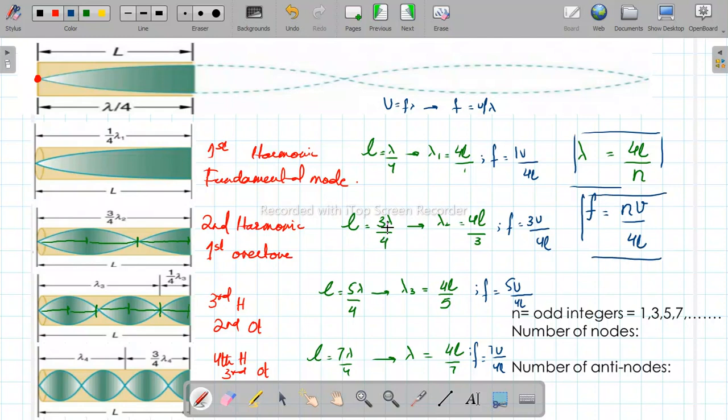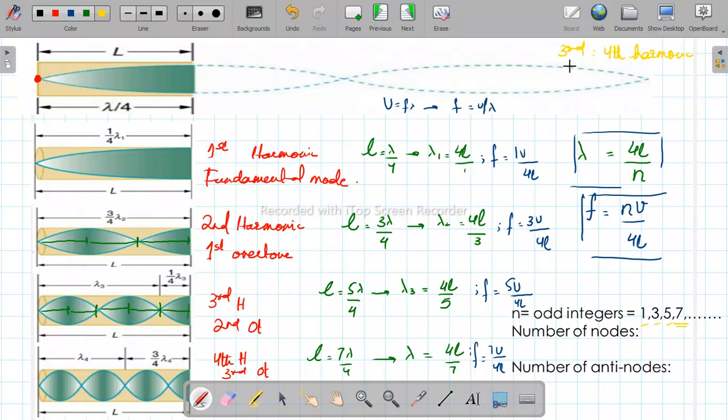Now, how do they ask these kinds of questions in your exams? Suppose they ask you about the third overtone, and for that third overtone they ask you to find the frequency and also the wavelength. Let's see here. Third overtone means fourth harmonic, right? Fourth harmonic does not mean n equals 4 at all. Fourth harmonic means the fourth possible value of n, and in this case we know that the fourth possible value of n is 7.